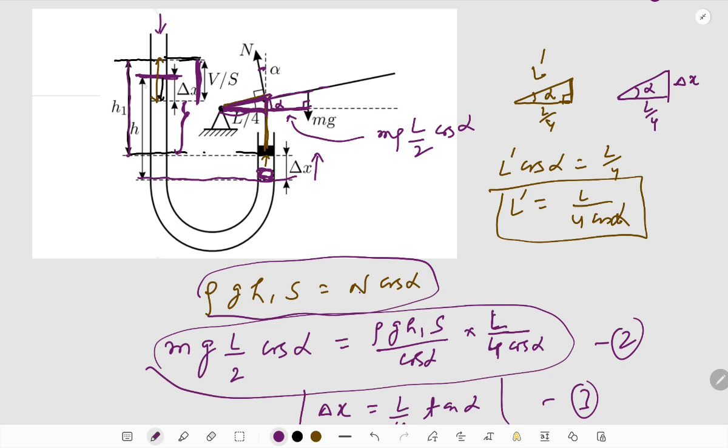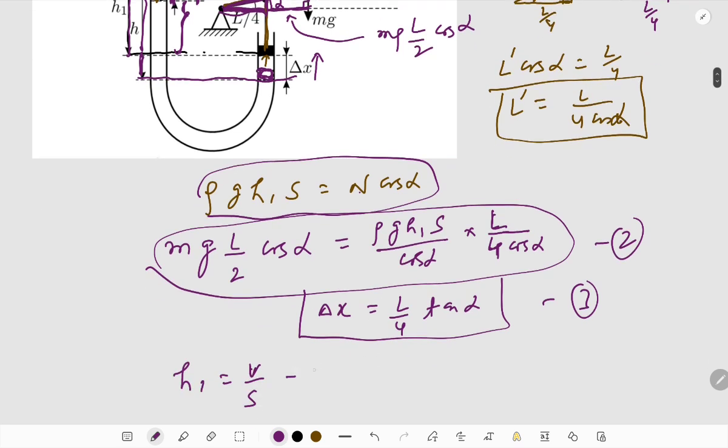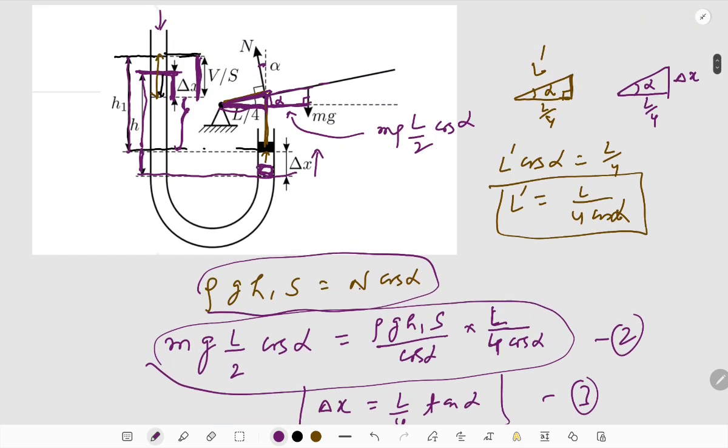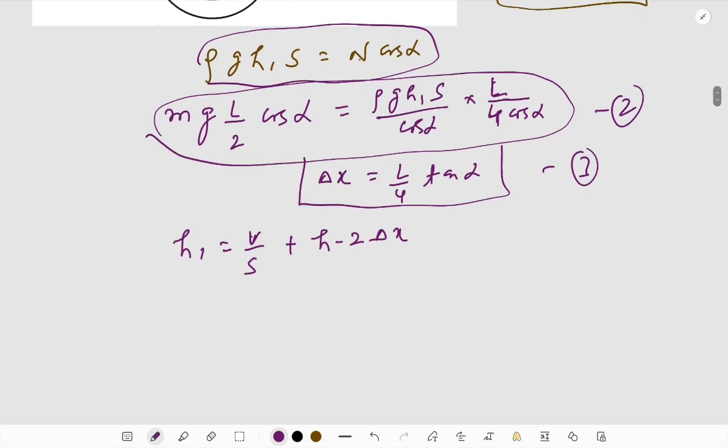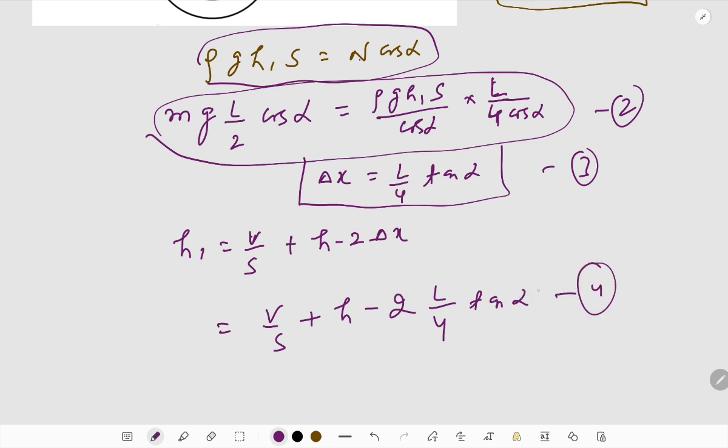This length is h minus delta x and minus delta x from here. That means h minus 2 delta x. So h1 is equal to V upon s plus h minus 2 delta x. You can consult your picture and you will find everything. So you can also write V by s plus h minus 2 times, put the value of delta x here, that is L by 4 tan alpha, and this is our equation number 4.